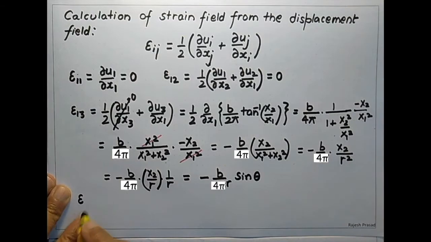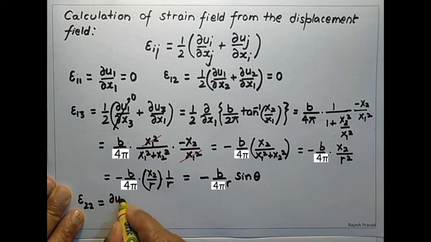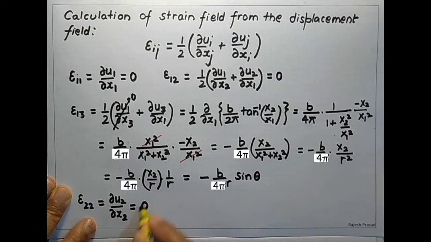Now I need epsilon 2 2, which is del u2 by del x2. u2 is 0, so I get 0.